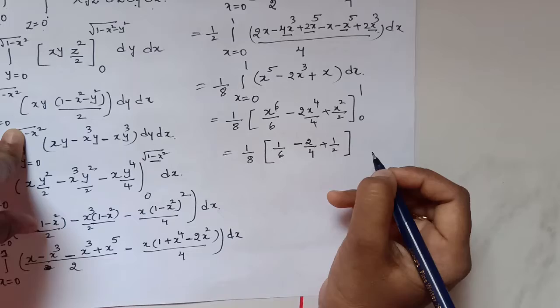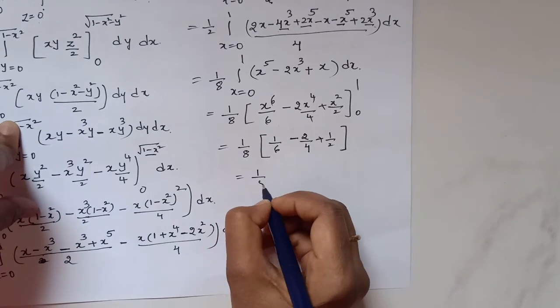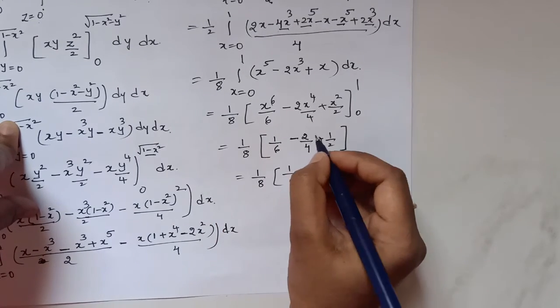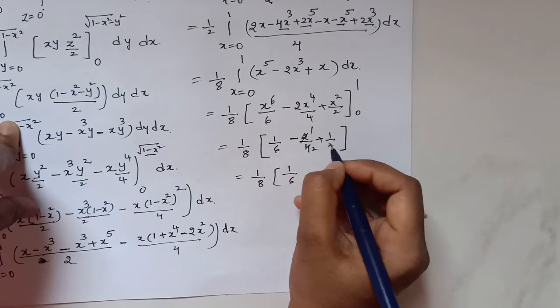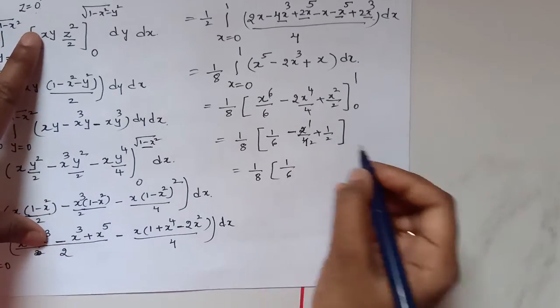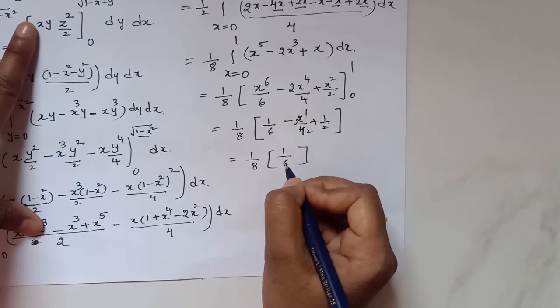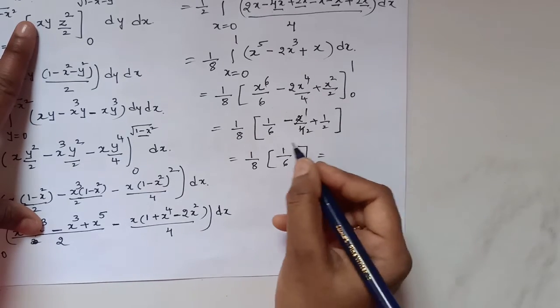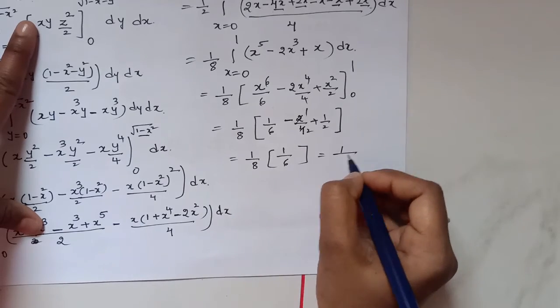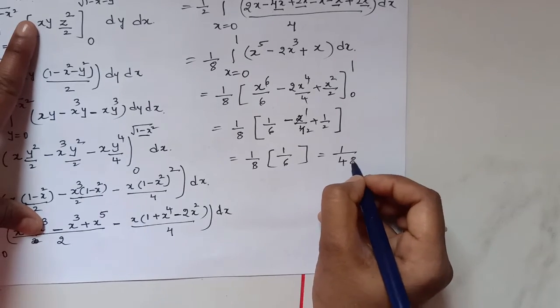This is equal to 1 by 8 of 1 by 6, minus 1 by 2 plus 1 by 2 gets cancelled. Substituting the lower limit we get minus 0, so on solving we get 1 by 6. This is equal to 1 by 48.